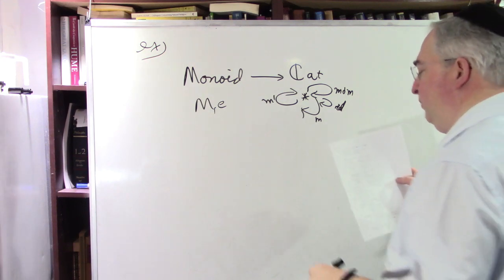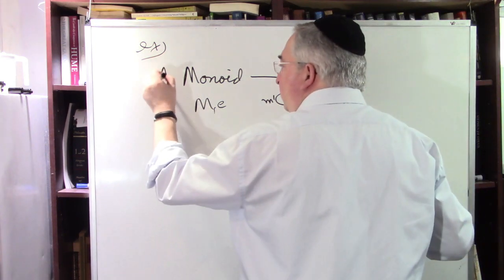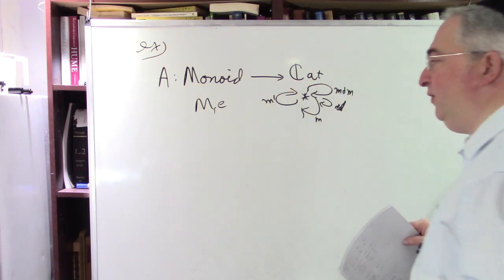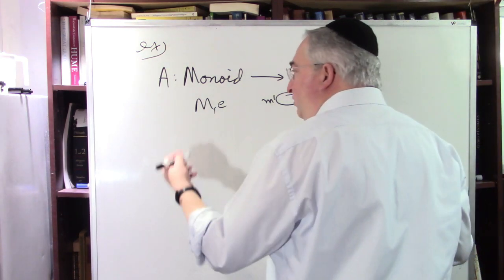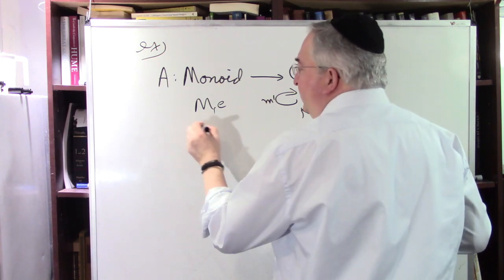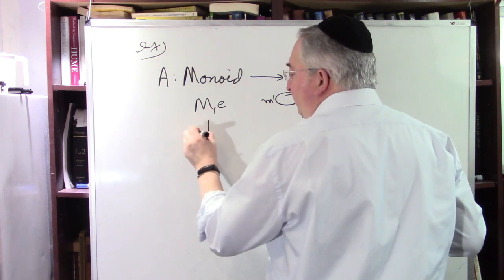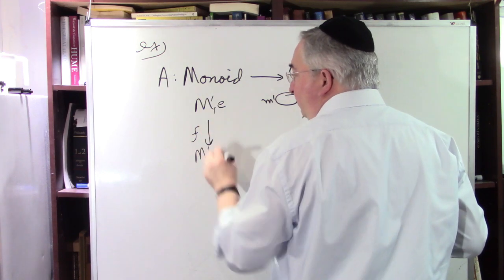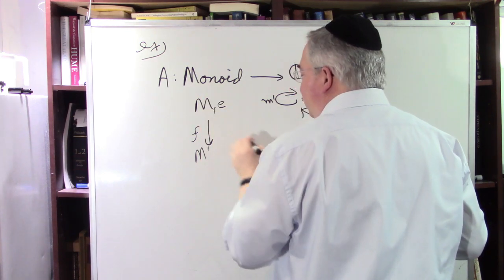Okay, so basically we have a functor which takes a monoid and outputs a category, a one-object category. But this is a full functor, which means that if there's a map, a monoid homomorphism from M to M prime, guess what?